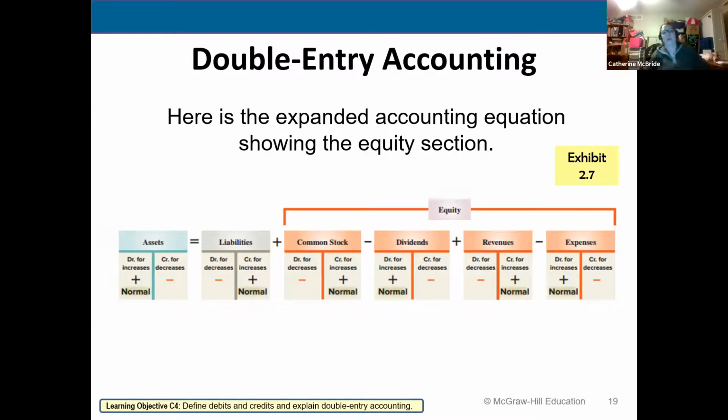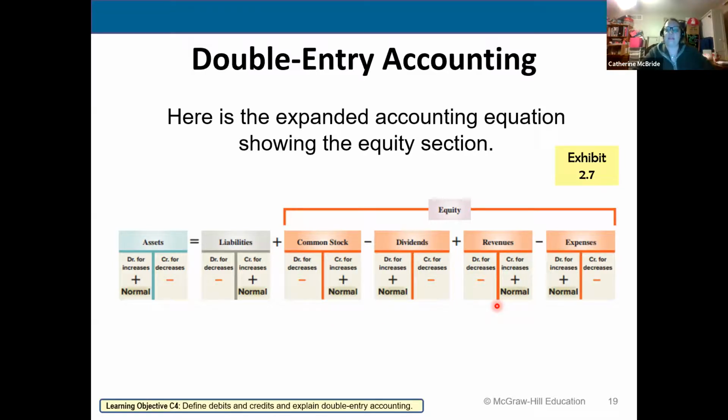Now, when we expand this, we still see that assets are increased with the debit and decreased with the credit. On the other side of the equation, it's the opposite. So liabilities are increased with the credit and decreased with the debit. Equity in general is increased with the credit and decreased with the debit. That's what happens with common stock, and that's what happens with revenue.